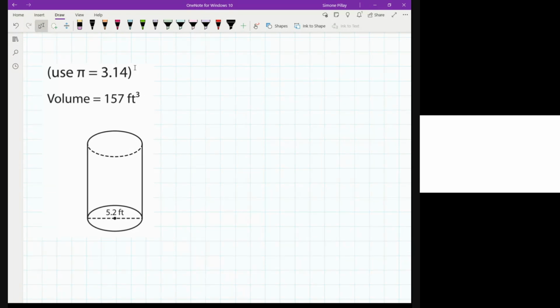What are we going to do? The first thing I should tell you is, what are we calculating? They want us to calculate this big height.